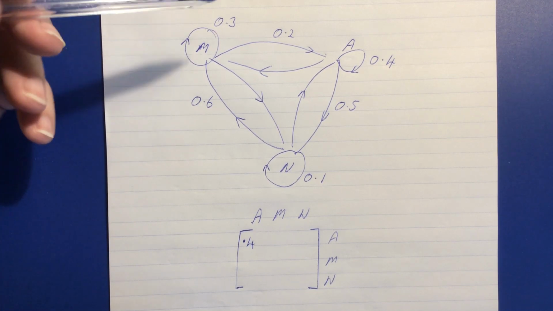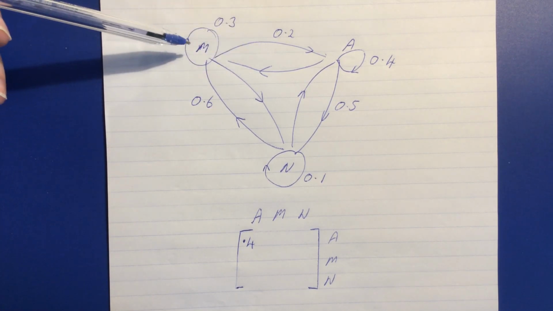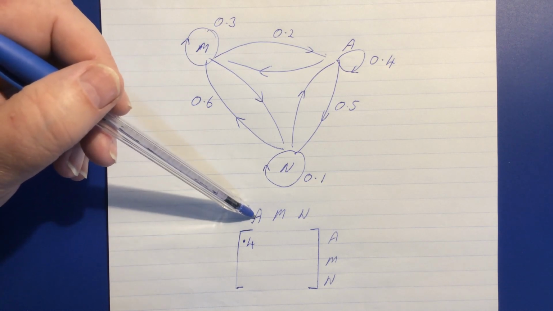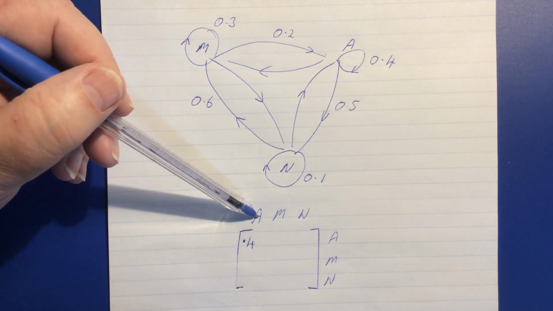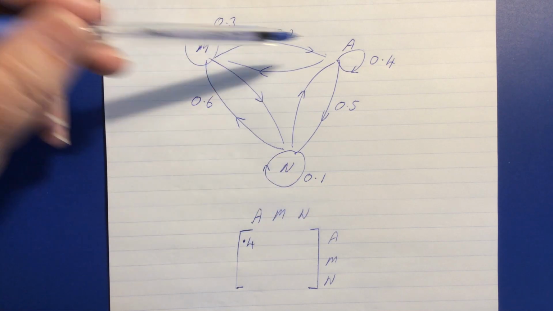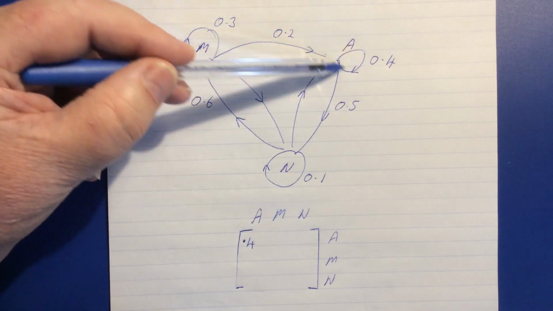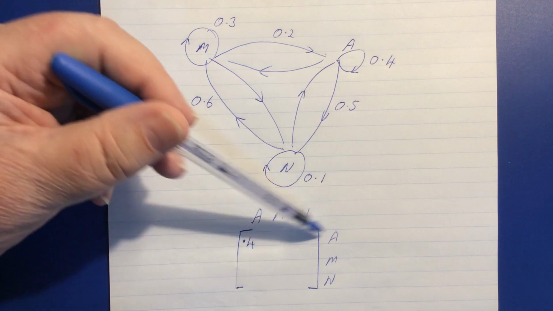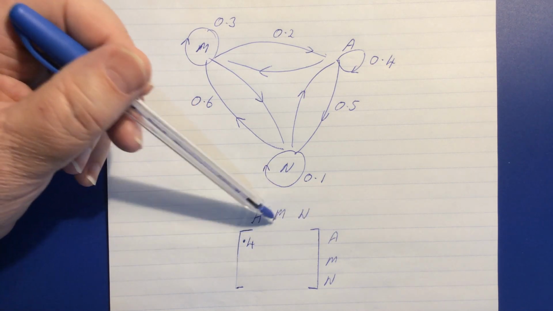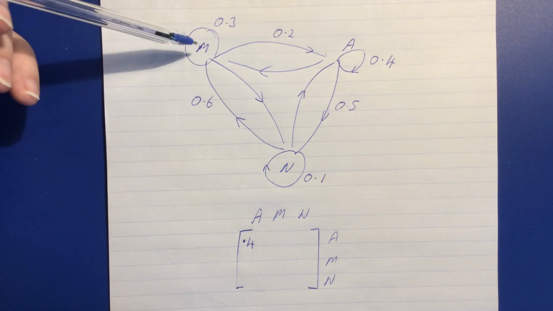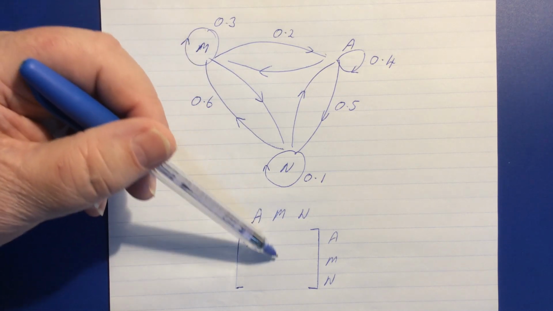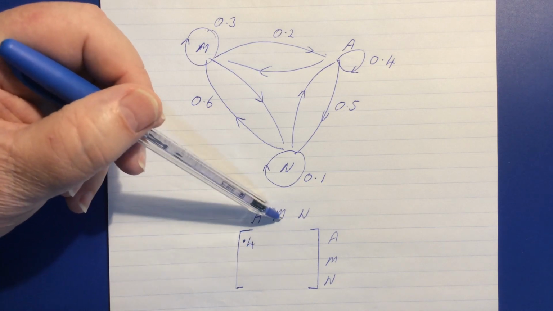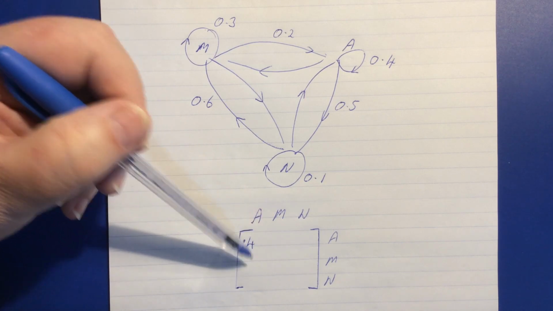Now, the next thing I'm going to do is I'm going to move over to M. Before I do that, I should say that what this means is that this is A to A. It's what remains in A, this position here, from A to A. Now, I'm going to do M, and I'm going to do the same thing, from M to M, which puts M here, in this column and in this row.